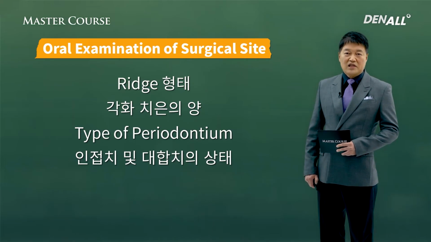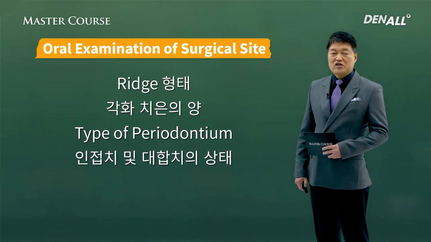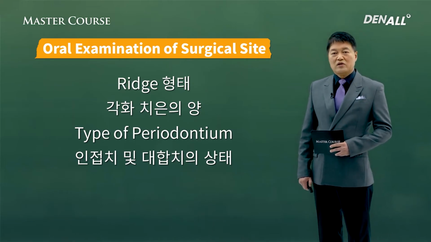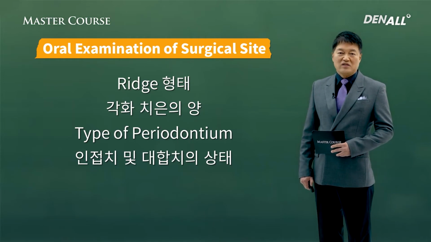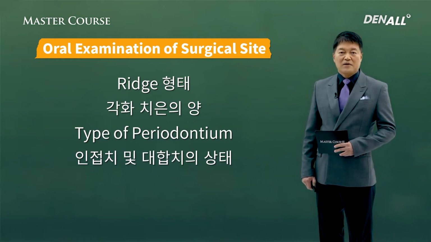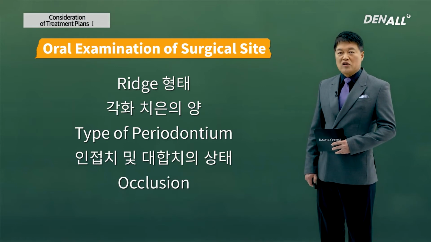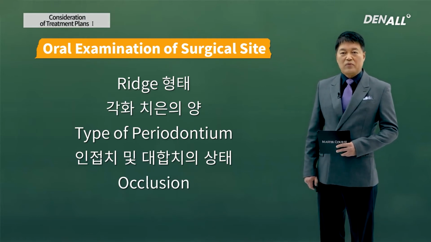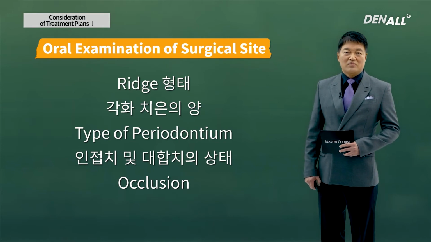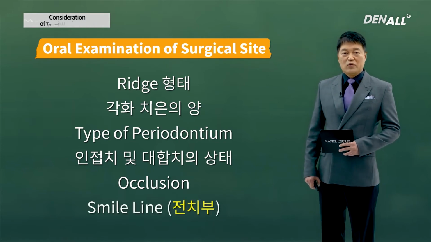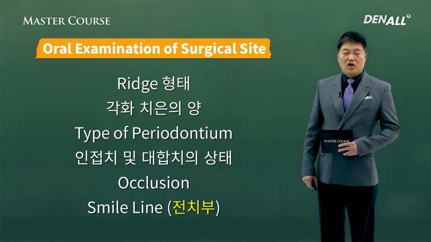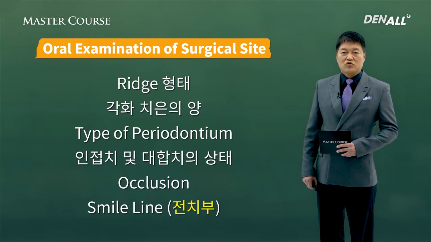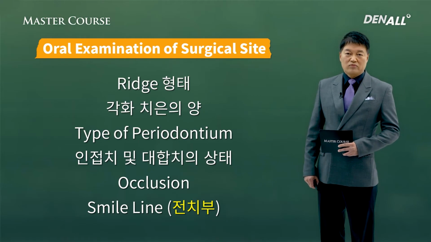Whether adjacent teeth are tilted mesially or opposing teeth are extruded, whether there is normal occlusion and there is sufficient space. Occlusion, check whether it is normal or if there is crossbite. On the anterior, how is the smile line? Check before surgery, so you need to pay more attention ahead.